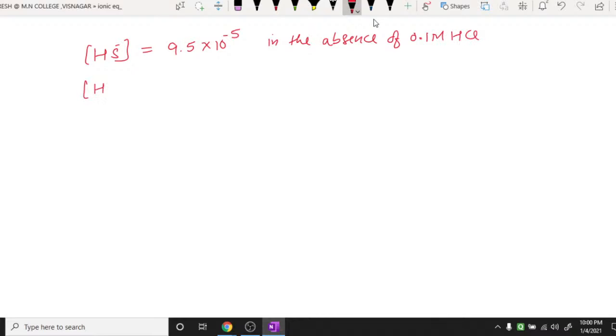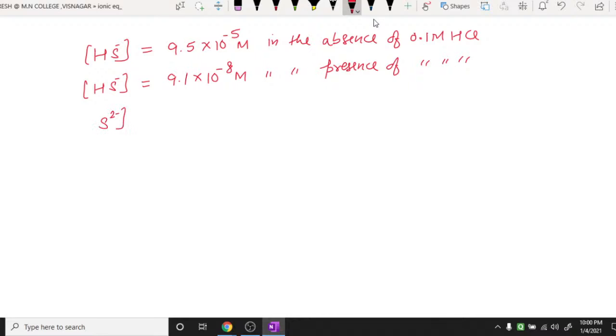When we have HCl, then HS negative ion concentration becomes 9.1 into 10 raised power minus 8 in the presence of 0.1 molar HCl.